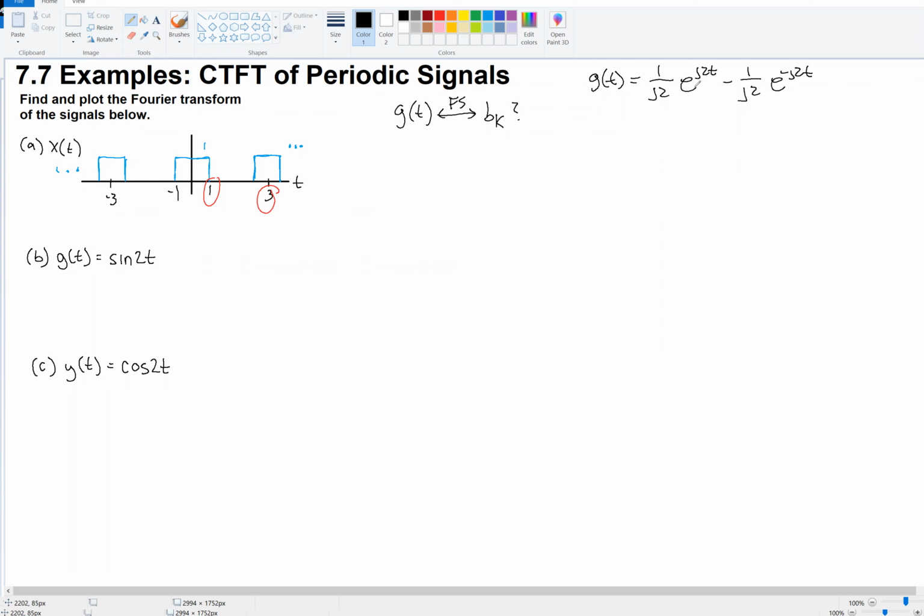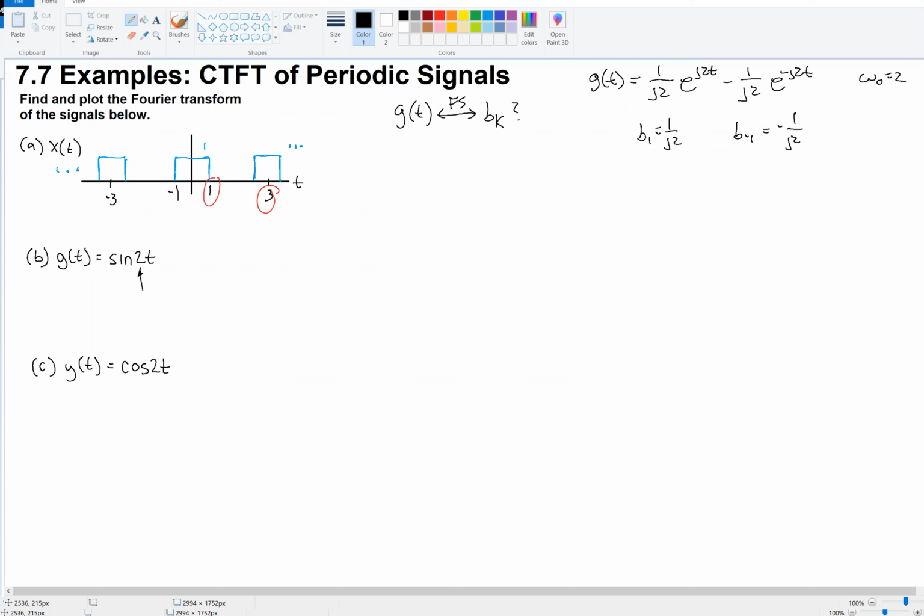And then real quickly we see that this is the first harmonic, right, because omega 0 is equal to 2. And I'm getting the 2 right there. So this is the first harmonic, this is the minus first harmonic, and so we see that b_1 is this coefficient 1 over j2, and b_minus1 is this coefficient minus 1 over j2.